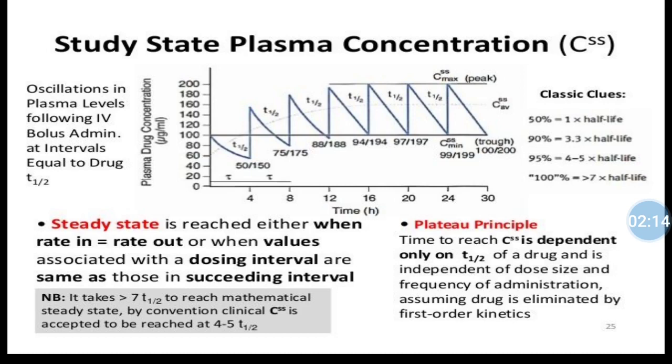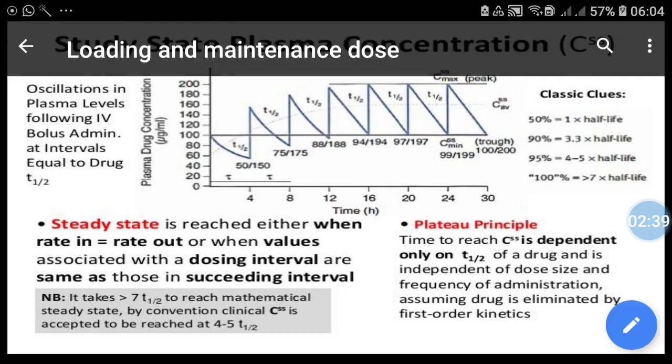So if a drug has say 2 hours half-life, and it requires 4 half-lives to attain 95% of the steady state concentration, then it will require 8 hours, 2 into 4, 8 hours to obtain therapeutic levels, which is such a long time.